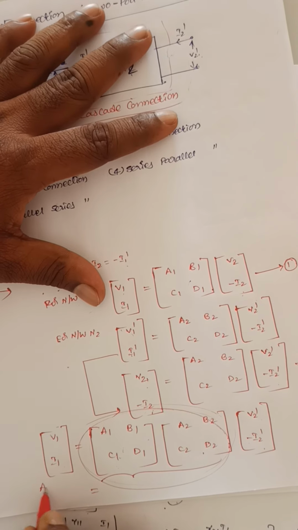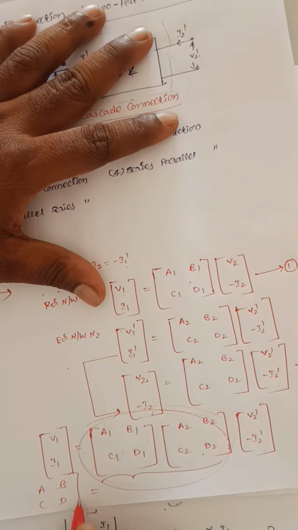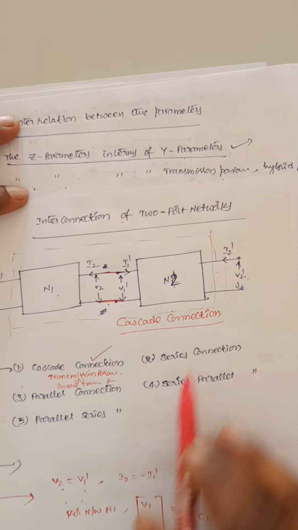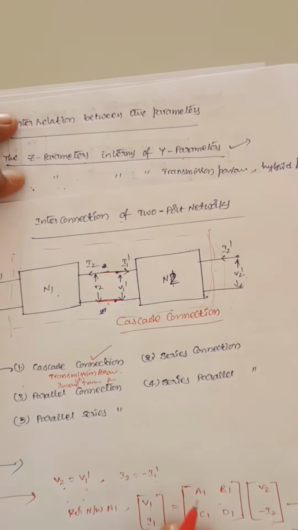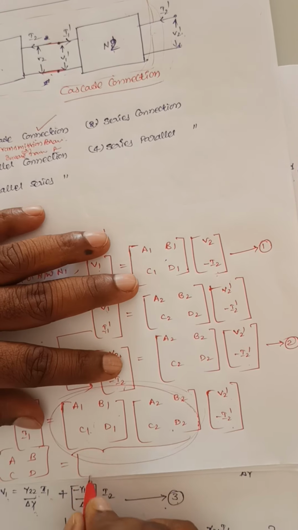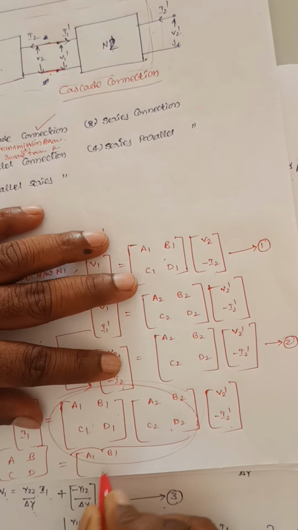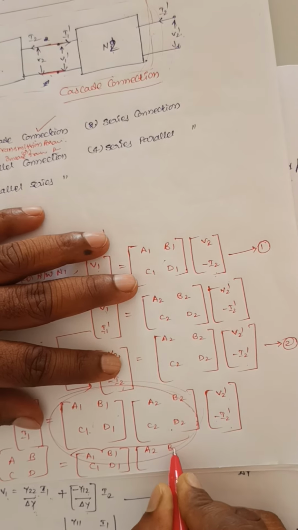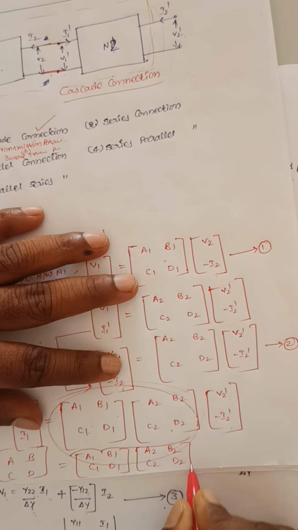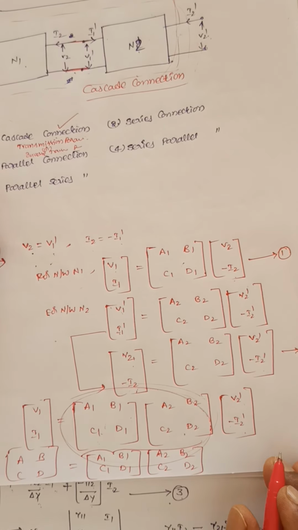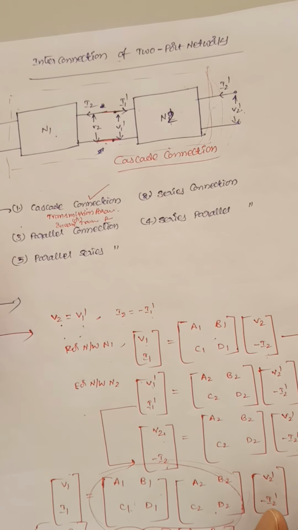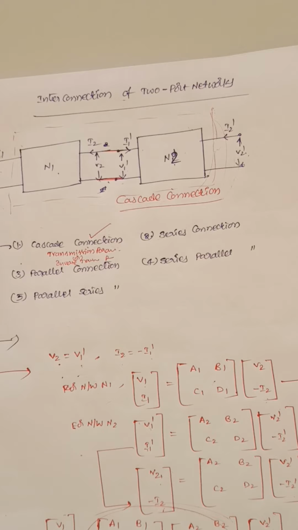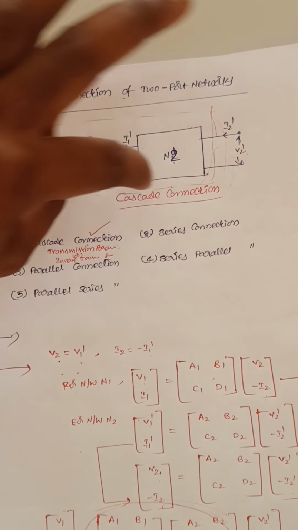The ABCD parameters, the transmission line parameters for this cascade connection or combination of these two networks, are equal to the matrix A1, B1, C1, D1 multiplied by A2, B2, C2, D2. So this is how we can calculate the ABCD parameters or transmission line parameters for this type of connection.